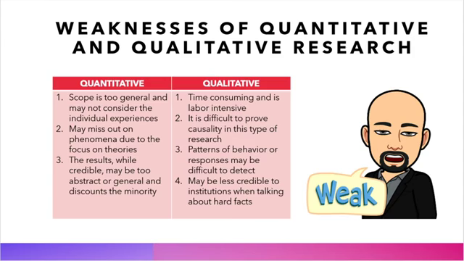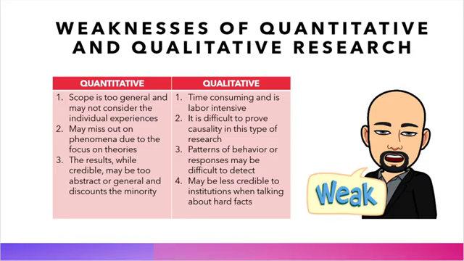Second, it is also difficult to prove causality in this type of research. Okay, we cannot establish that this experience led to this event, because all we can do is try to probe and attempt a connection between two events.